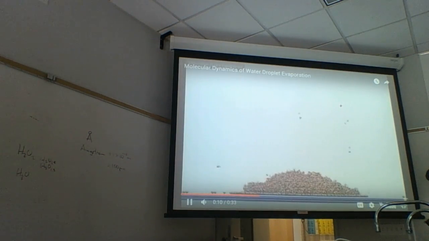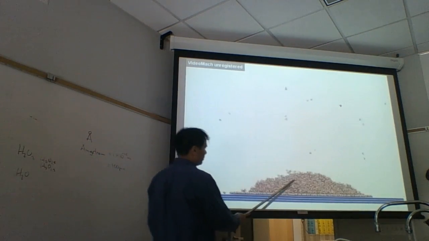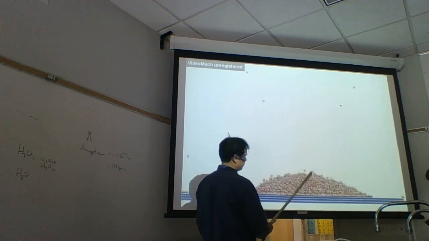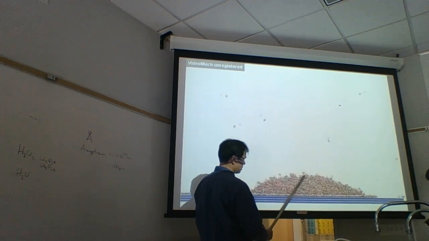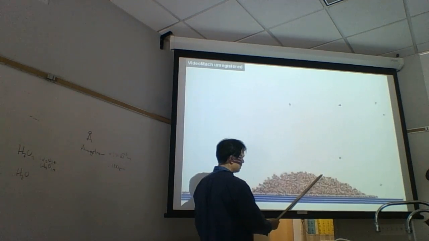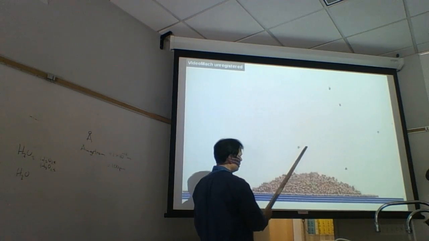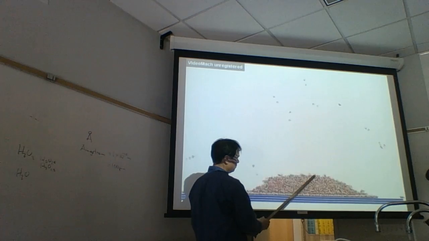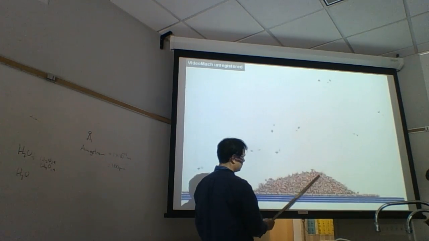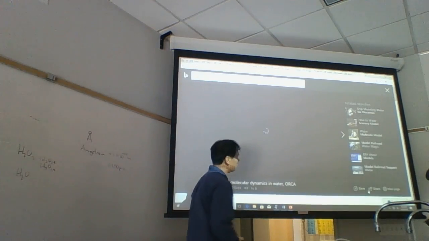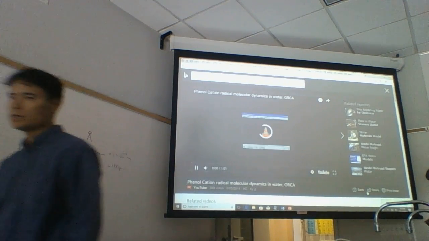What happens in evaporation and boiling is we get water molecules with enough kinetic energy to break free from here. You know, they're kind of stuck together. Water molecules like each other, so they stick together. But some of them will have enough kinetic energy, they'll just break free. But sometimes what will happen is they'll condense back into the droplet, come in here and get stuck again. So it's another dynamic situation.